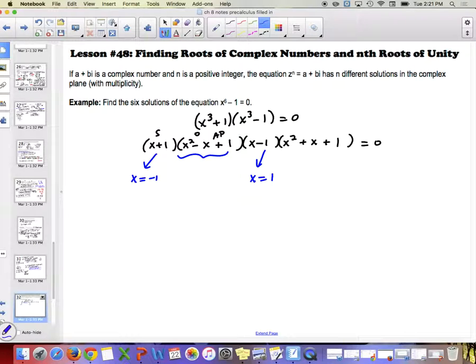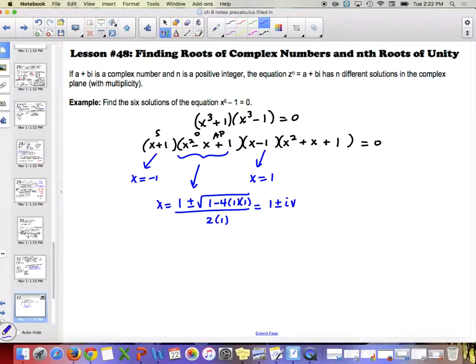Quadratic formula. If you can't factor, you do the quadratic formula, right? So we would have x equals negative b, so 1, plus or minus the square root of b squared minus 4ac, all over 2a. So we get 1 plus or minus the square root of 1 minus 4, the square root of negative 3.